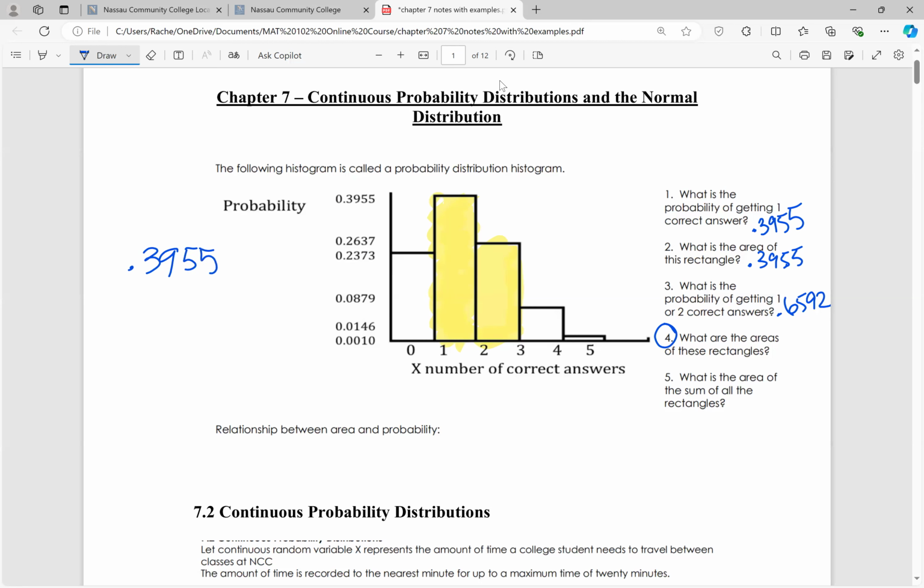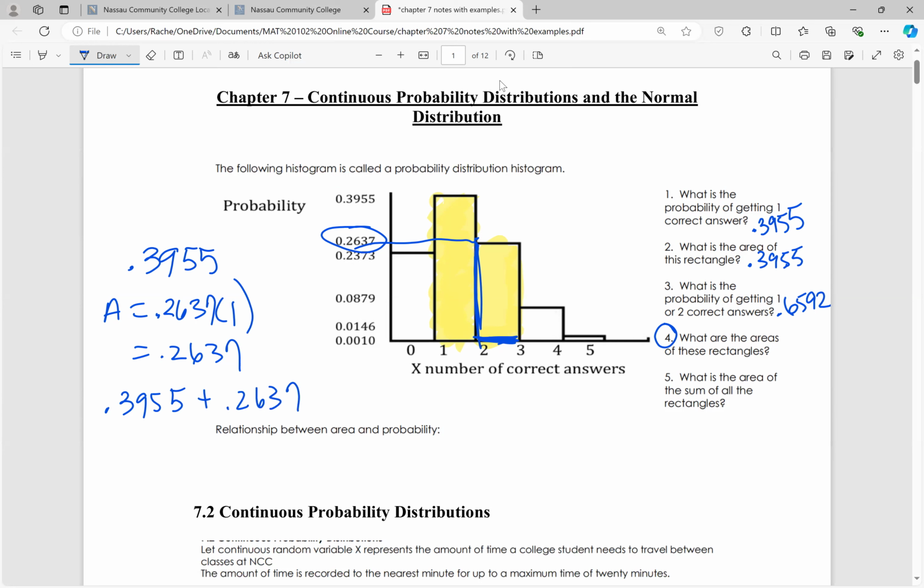So the width again is 1 unit and the height is 0.2637. So it's going to be 0.2637 times 1, and we get 0.2637. And when we add 0.3955, the area of the first rectangle, and the area of the second rectangle, we get 0.6592.